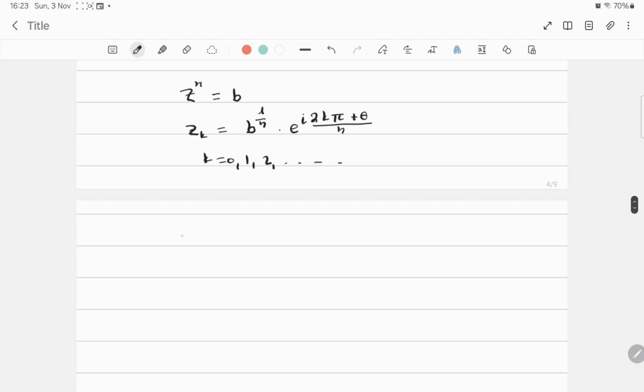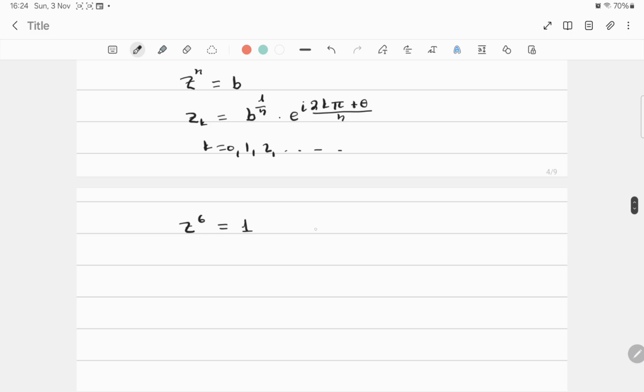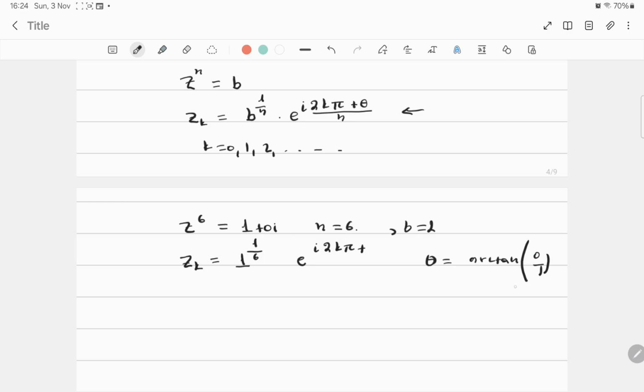Let's have a look at an example. z to the power of 6 equals 1. Here n is equal to 6, so in order to find the roots, b equals 1, so 1 to the power of 1 over 6. We use the formula here, e to the power of i (2k pi plus theta), where theta is the arctangent of 0 over 1, because here the imaginary part is 0.